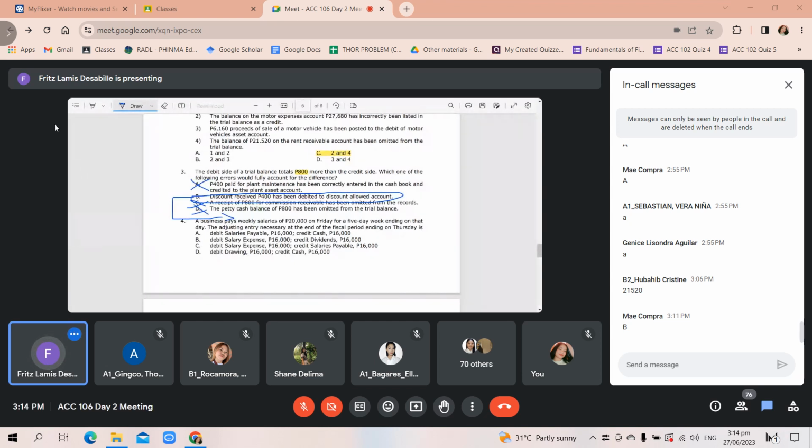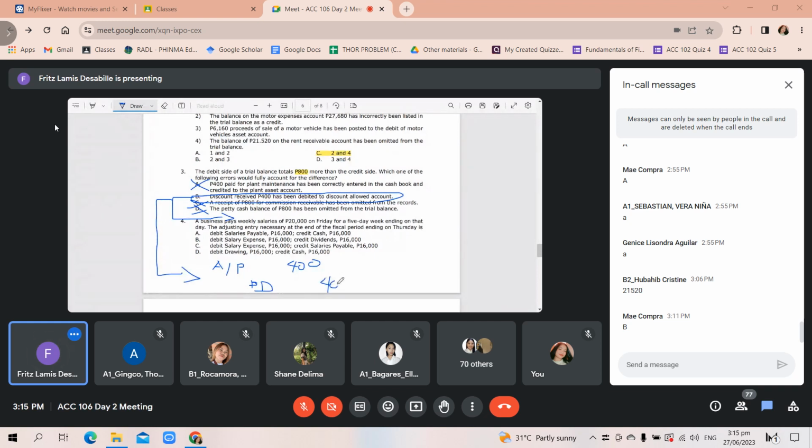Discount received. Okay. So ang entry ani dapat sa discount received should be a debit to accounts payable, a credit to purchase discounts. Okay, kita man nakadawat og discount.